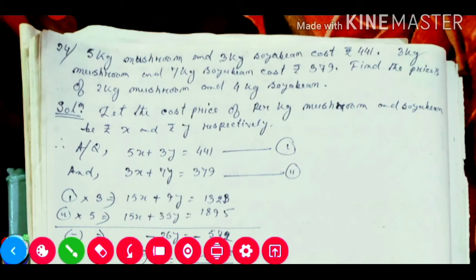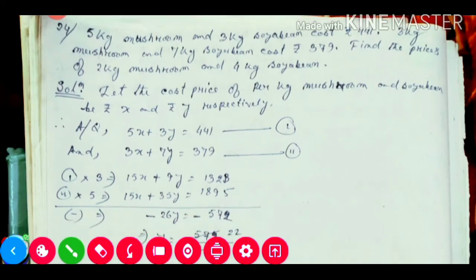So we need to consider the 1 kg price. Let the cost price of per kg mushroom and per kg soybean be rupees x and rupees y respectively. That means 1 kg mushroom costs x, which we don't know, so we are considering x, and soybean is y respectively.